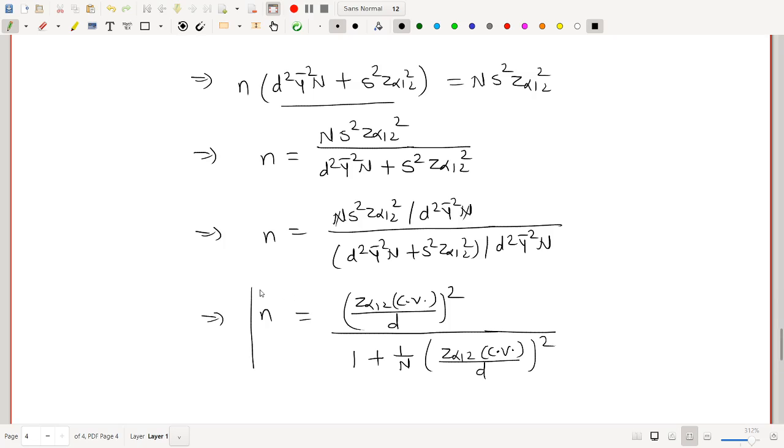So this will be the formula for sample size under SRSWOR when we want to estimate a population mean for a specified relative error and confidence coefficient.